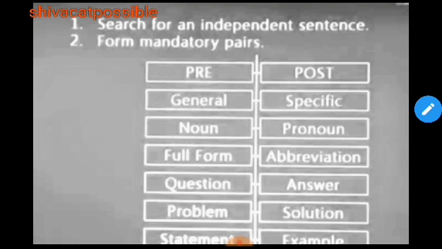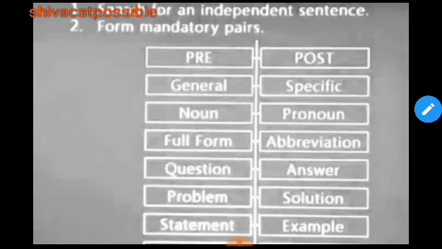Okay, then you have to form mandatory pairs, and this is the main step involved in solving para jumble type questions. You can search for mandatory pairs within the paragraph, like pre or post of the topic.